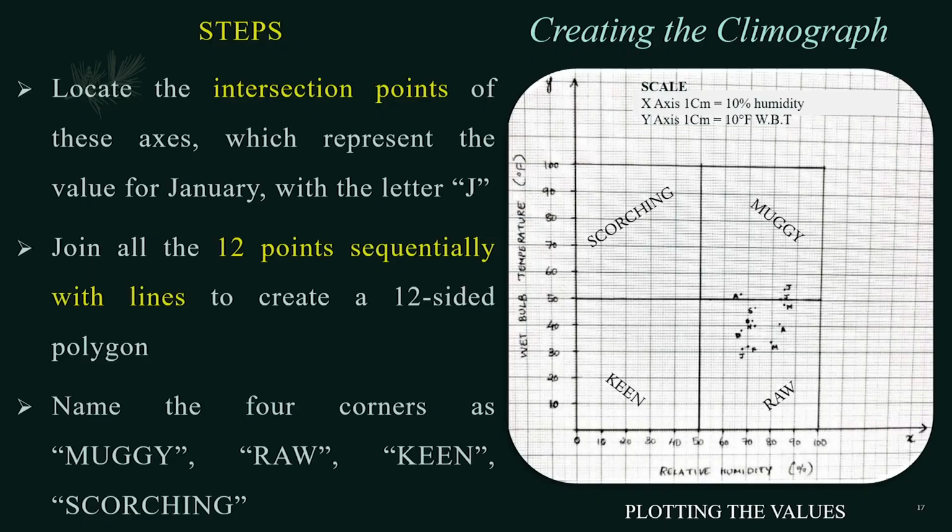We need to consciously check whether we have marked correctly the x axis and y axis for relative humidity and wet bulb temperature, and the 4 distinct corners of scorching, muggy, keen and raw. After creating the framework, we need to plot the values.